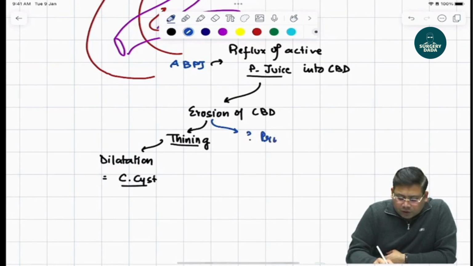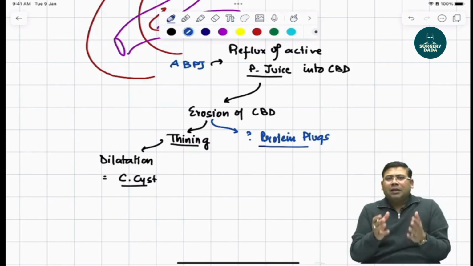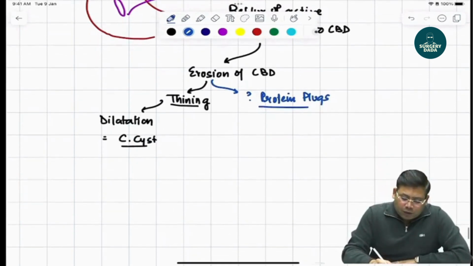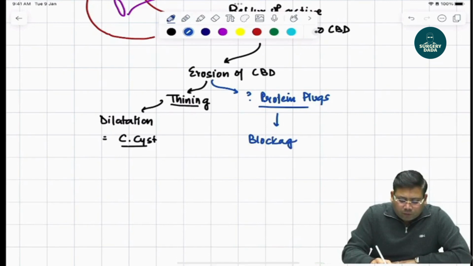There is formation of the protein plaques. Why do these protein plaques form? Because of the damaged wall of the CBD, and these protein plaques are going to cause blockage of the CBD with the main pancreatic duct.